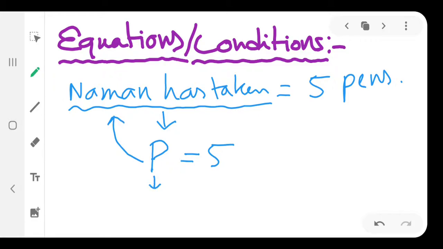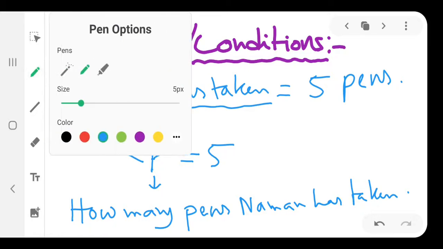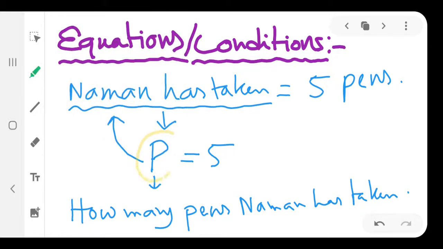So P means how many pens Naman has taken. So instead of this whole sentence, I have put one alphabet.